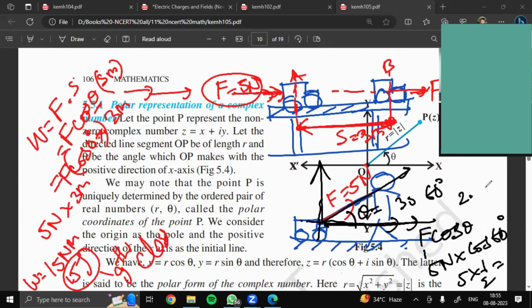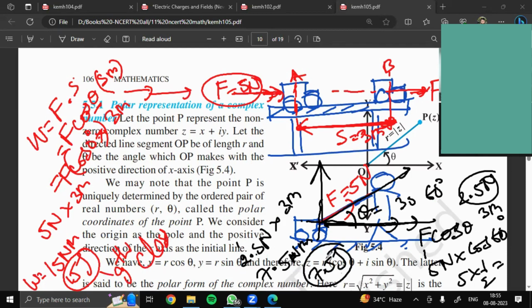So only 2.5 newtons will be used, multiplied by the distance, let's say 3 meters. So 2.5 newtons multiplied by 3 meters: 3 fives are 15, 3 twos are 6 and 1, 7.5 newton meters. That is 7.5 joules of work will be done.